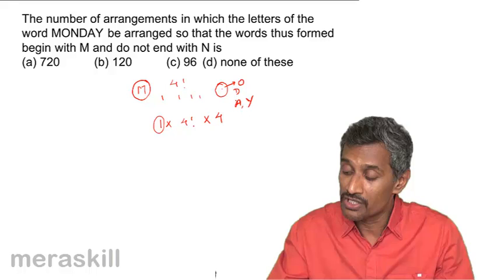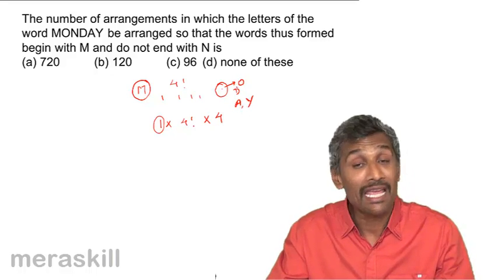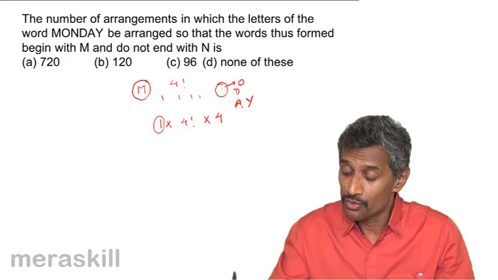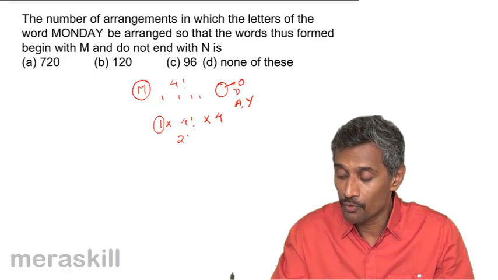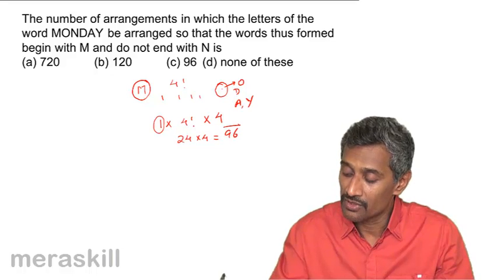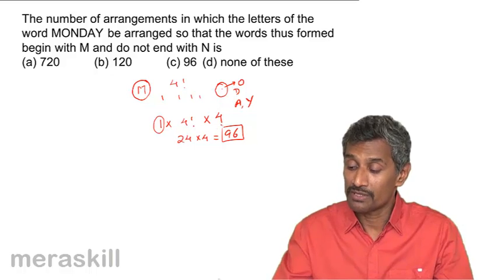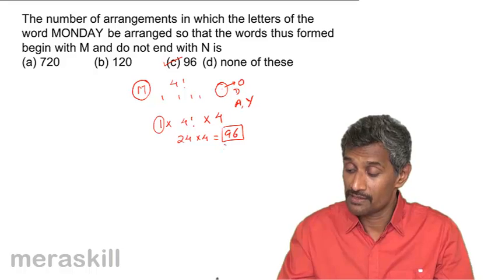And the last position is occupied by all the letters excluding M and N, that is O, D, A and Y in 4 ways. So it's going to be 4 factorial into 4, which is 24 into 4, that is 96. So we have 96 as the answer for this.